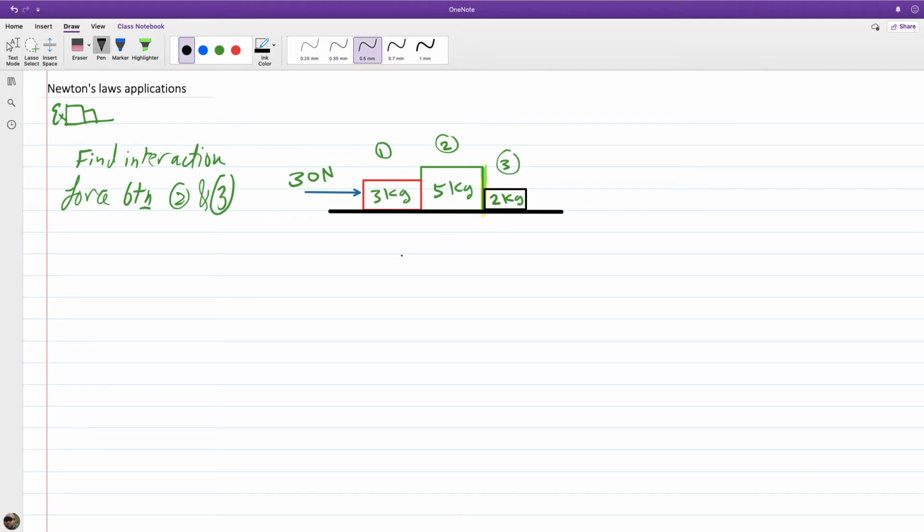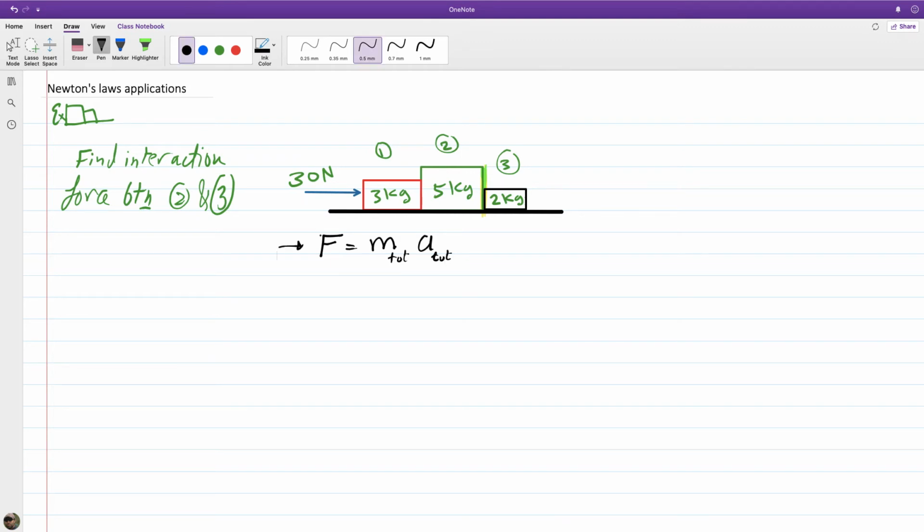So how do we find the interaction force on this one? First of all, we need to find the acceleration of this whole system. That might help us. So we treat these three objects as one individual object. So we can say F is equal to the mass, and that's the total mass, times the acceleration, and that's the total acceleration for the whole system.